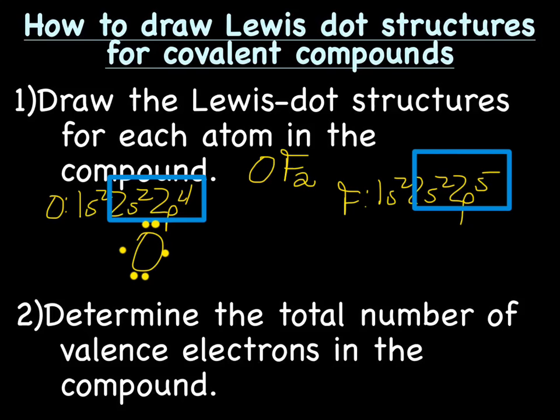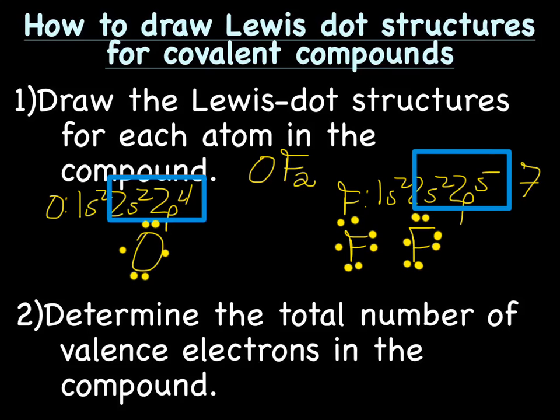Valence electrons there are 7. So for fluorine, Lewis-Dot: 1, 2, 3, 4, 5, 6, 7. And we have 2 of them. There we go. All right, so we have the Lewis-Dot structures for each atom in the compound.